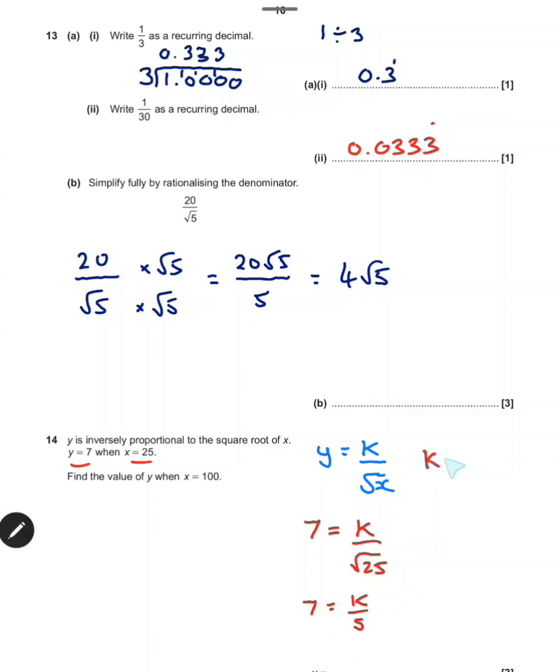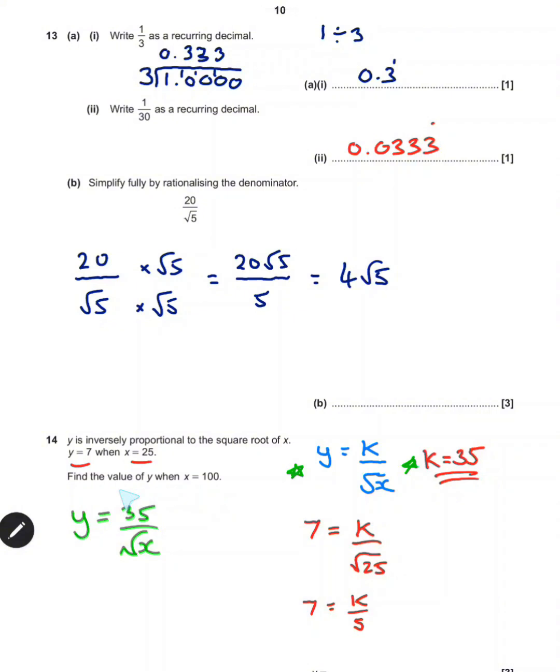So k equals 35. Just working out what k is there. We can then write a formula. So I'm going to take this and just write myself a formula that says y equals, not k anymore, but 35 divided by the square root of x.